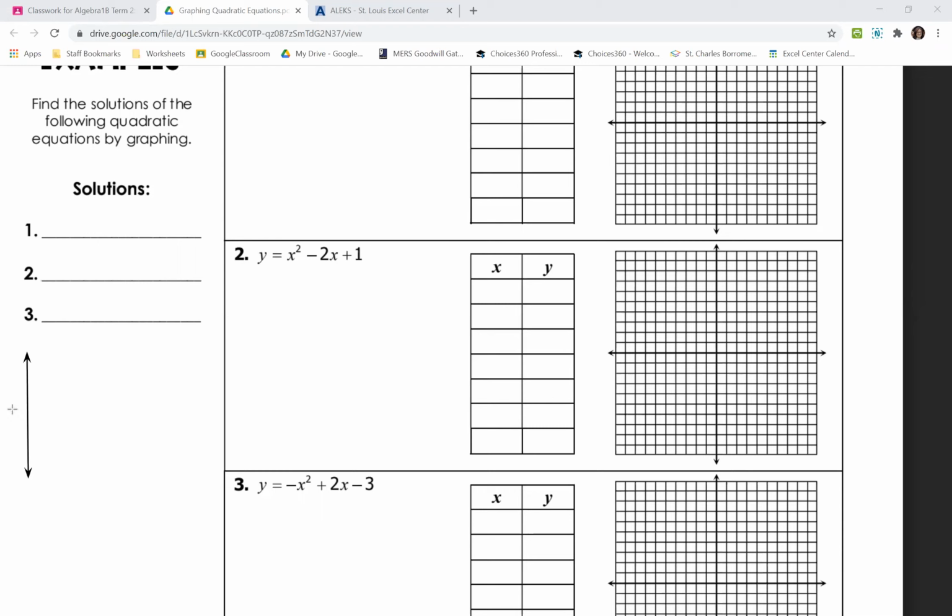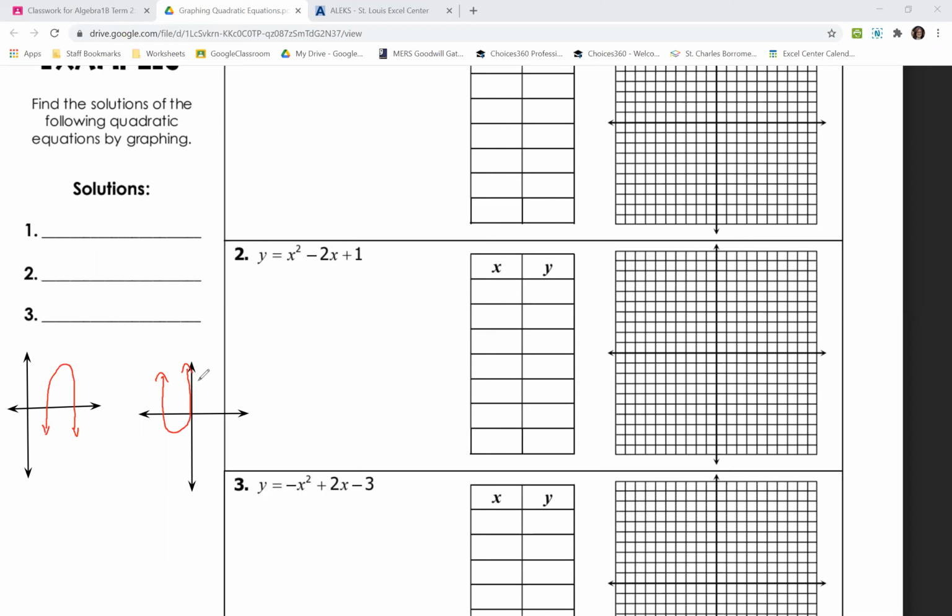I'm going to draw a couple more graphs that we can look at. I'm just going to draw any 2 parabolas, very random.